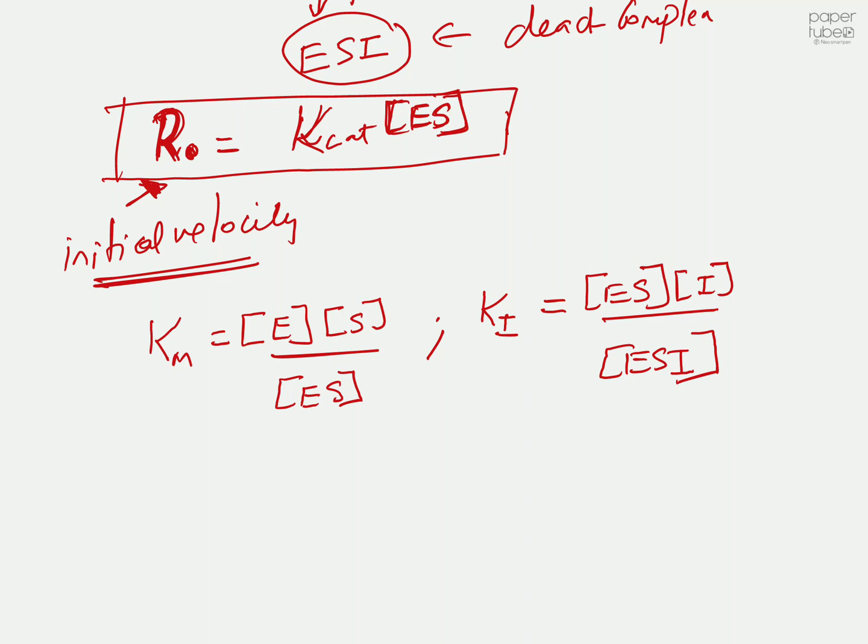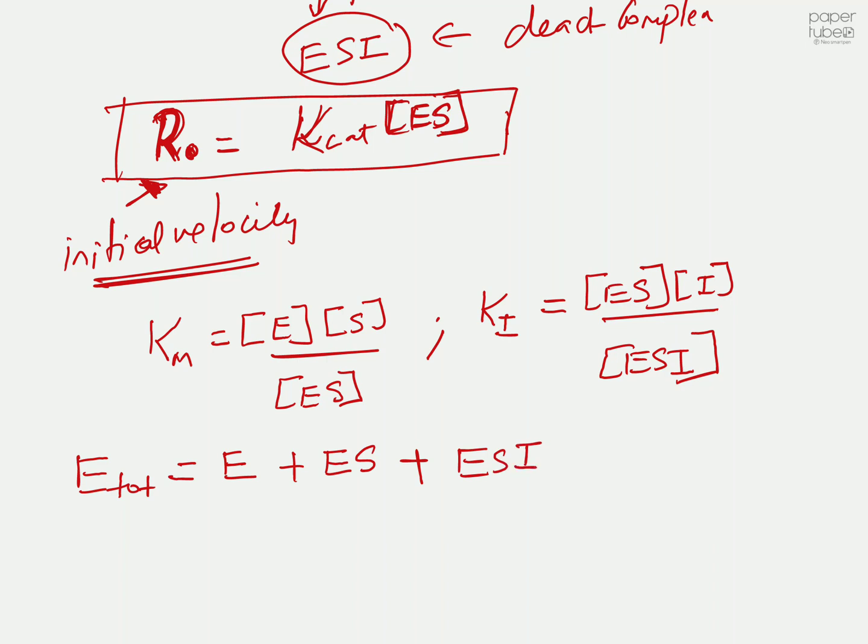For this type of system, at any instant of time, the total enzyme concentration inside the reactor will be equal to the freestanding enzymes plus the enzyme substrate complex plus the enzyme associated with this inhibitor molecule, which is enzyme substrate inhibitor complex.